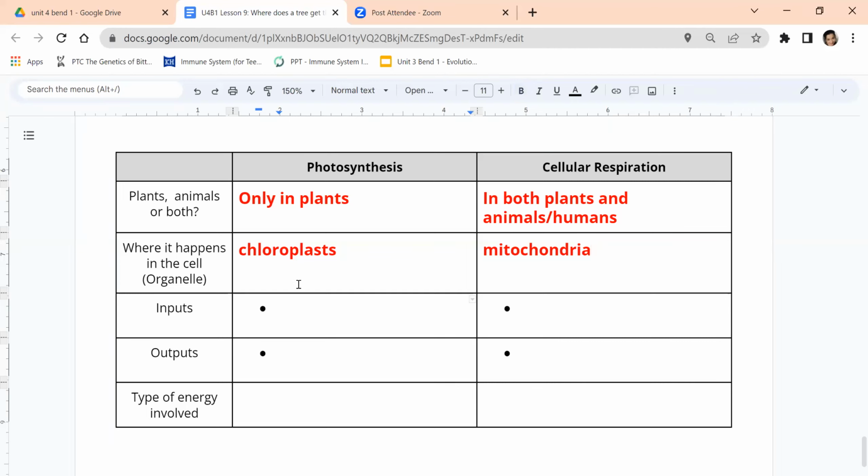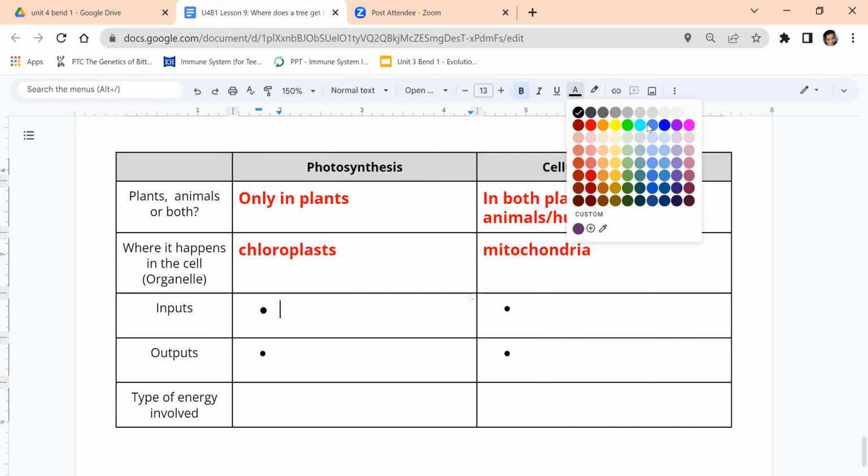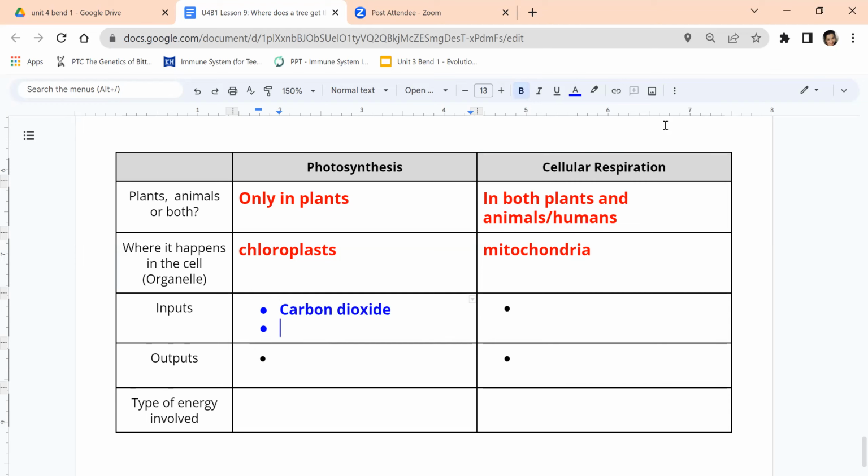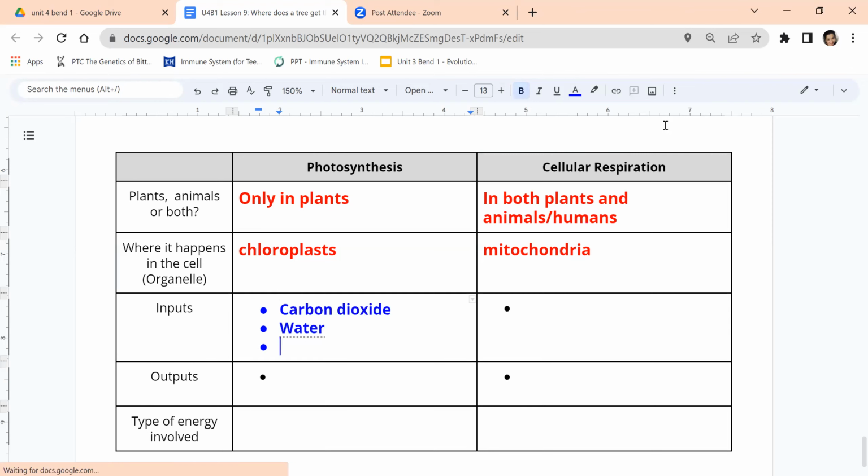So what is required, or what are the inputs, also called the reactants of photosynthesis? Well, photosynthesis needs carbon dioxide, water, and sunlight, which is a form of energy.